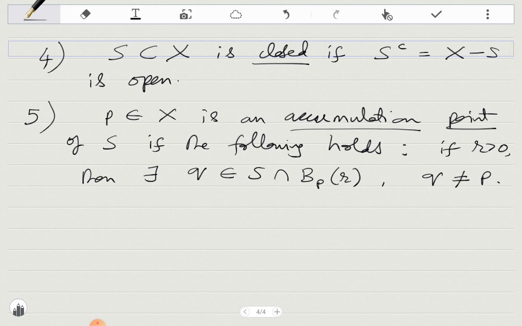In other words, if I take any ball around P, however small the radius, since r can be as small as we like, even a tiny ball around P should contain a point from S. That's what this intersection means. And that point is different from P itself.